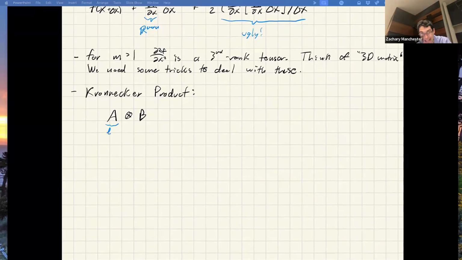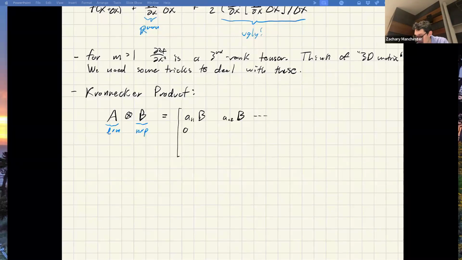So let's say A is L by M, and B is N by P. So two different sized, square matrices. This thing is equal to: I take every scalar element of the matrix on the left, so every scalar element of A. For example, A11, and I multiply it by the entire matrix B. So this is A11 times B, A12 times B, dot, dot, dot.